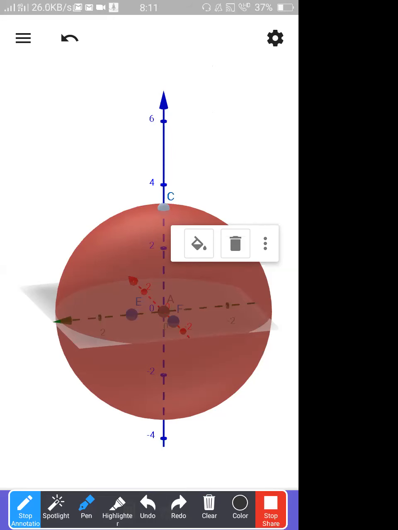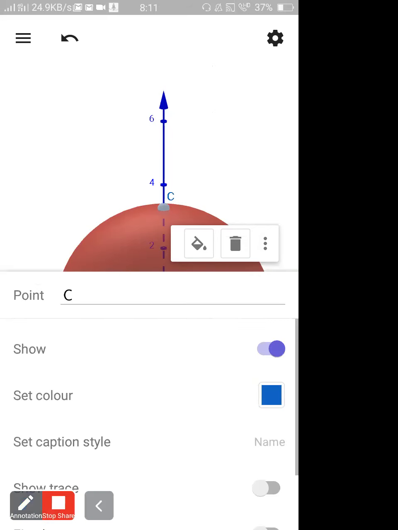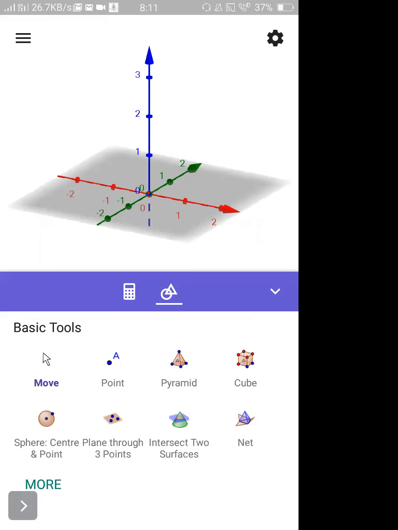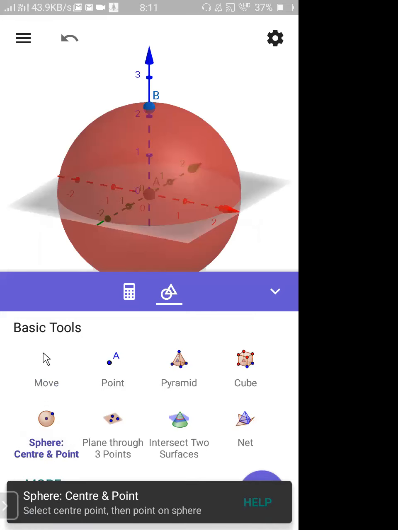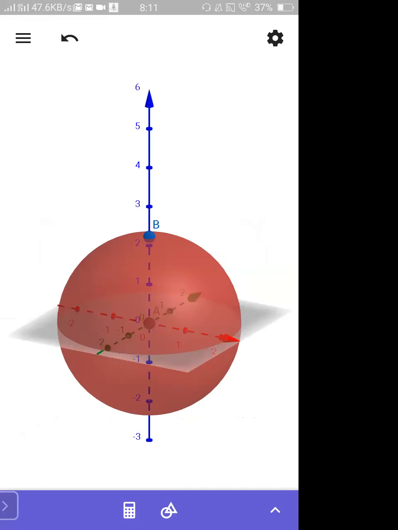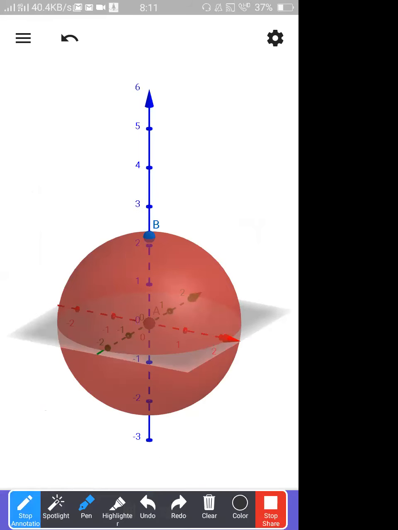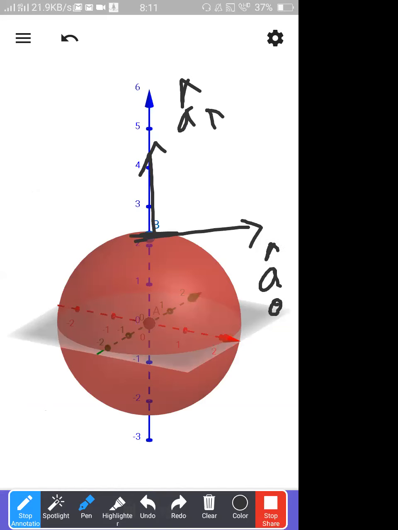I will draw it, you try to verify. This is a r cap direction. The tangential one is a theta cap.